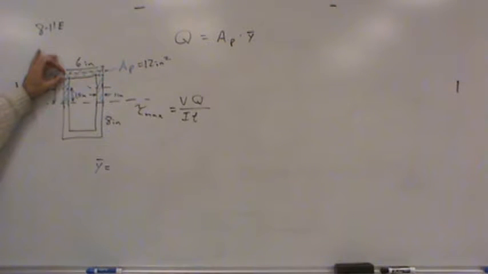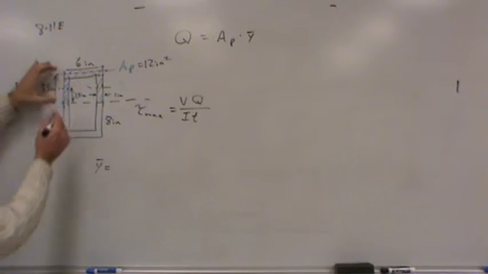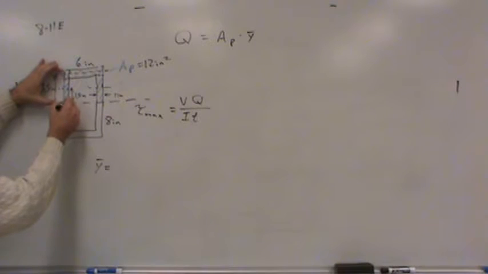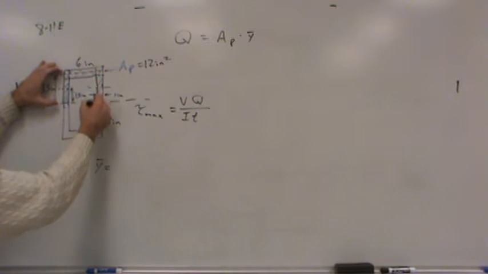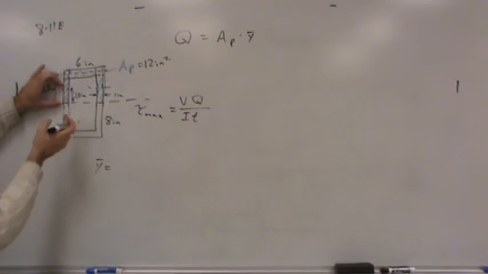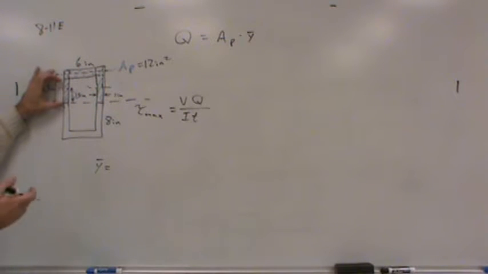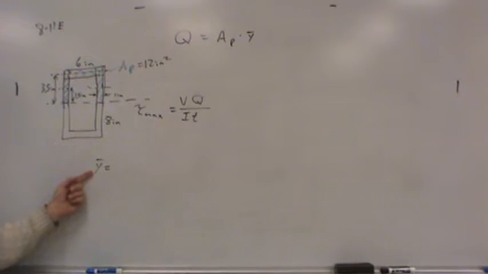Because that would neglect this area. What about 2 inches? Well, 2 inches wouldn't work either because you can imagine breaking it up like this, and the centroid of those two areas would be at 2 inches. Since we still have a little more area, it must be more than 2 inches. So if we get y bar less than 2 inches, I made a mistake somewhere. Better get a number bigger than 2 inches.